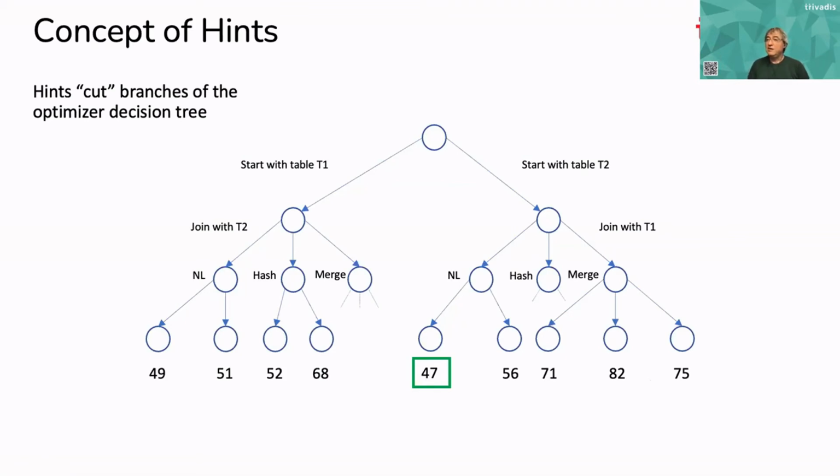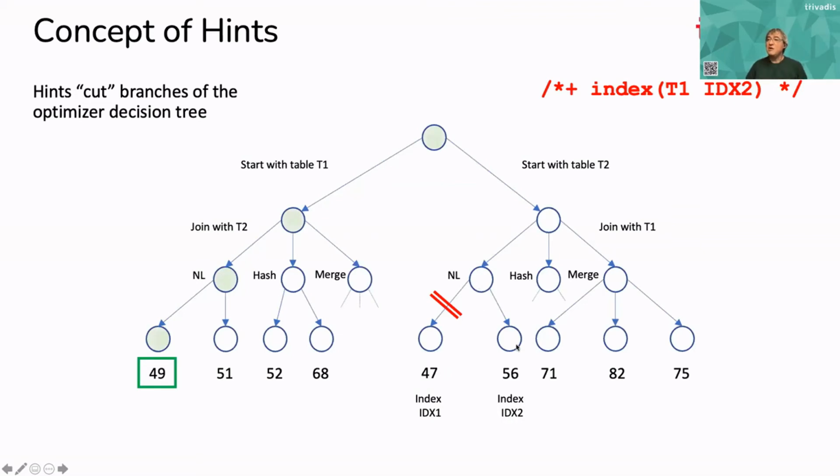And if we tell the optimizer to use index 2 instead of index 1, we cut this branch here. And then we think that the optimizer should go in this direction. But it's not the case, because from the remaining execution plans, the optimizer decides to use the cheapest one, which is a completely different way. So we tried to do this one, but that didn't work, because there is another option to use here.